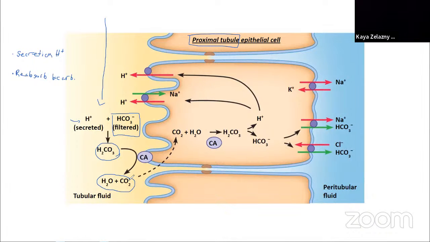So that's basically our reversible equation that we looked at earlier. Hydrogen ions and bicarbonate ions can create carbonic acid, which can create water and carbon dioxide. So this is just those reversible reactions stacked on each other.